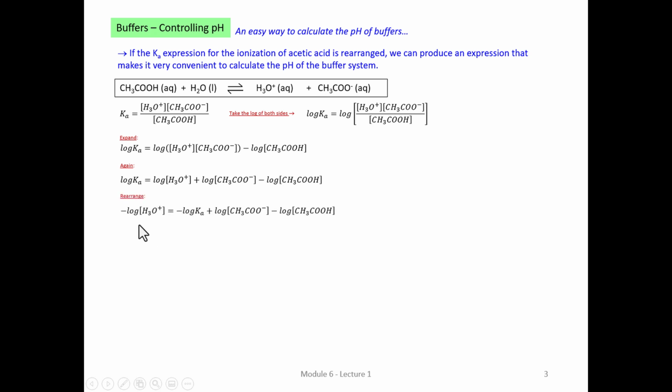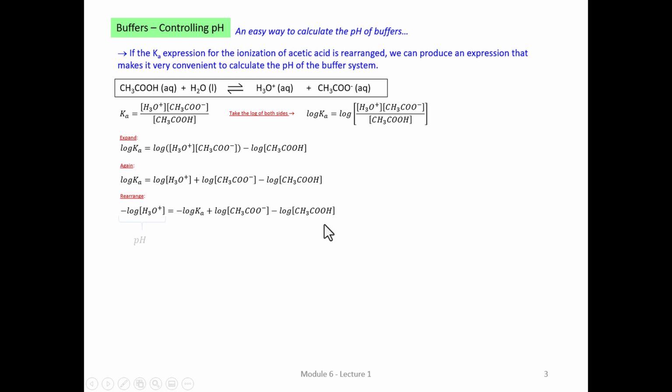Here we'll do a little rearranging, and you could think of this in a couple of ways. One would be that I brought log of the hydronium ion concentration over to the other side. To the left, I brought log of Ka over to the right. So we'd have minus the log of the hydronium ion concentration equals minus the log of the Ka plus these two terms here.